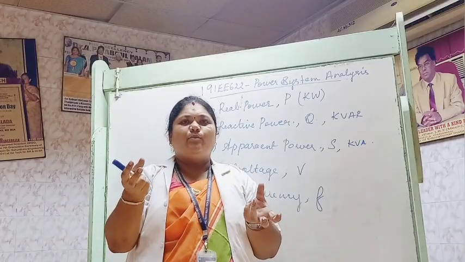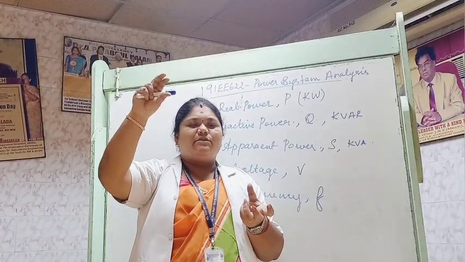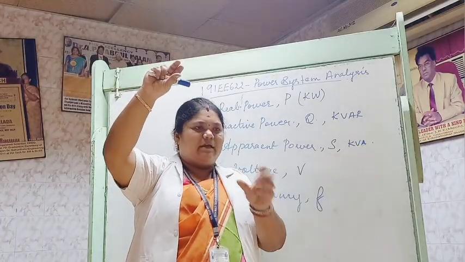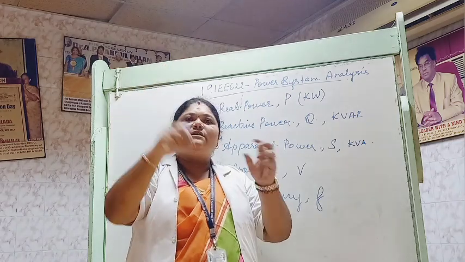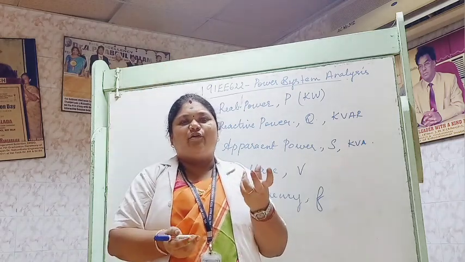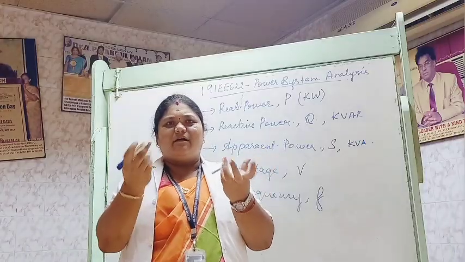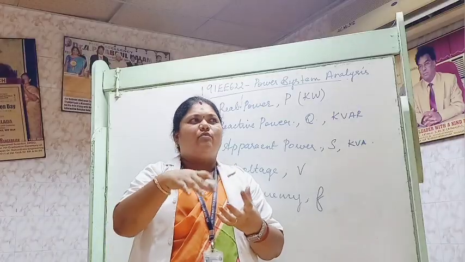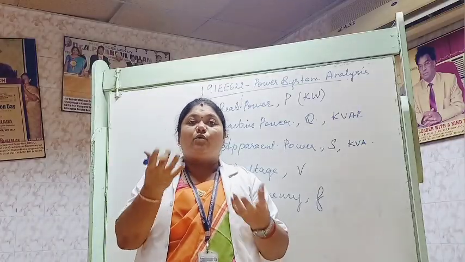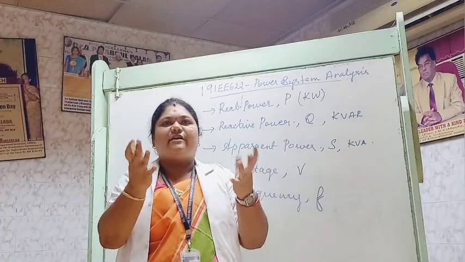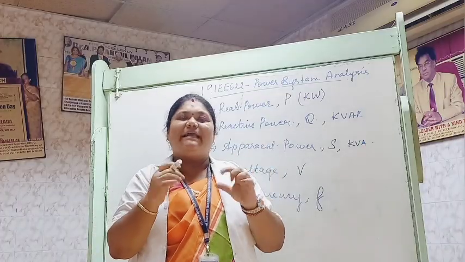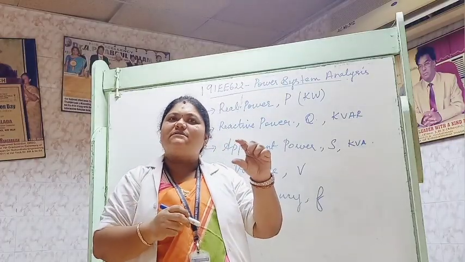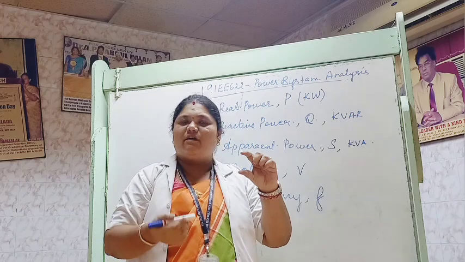You pour it from here to the bottom, and by doing this many times, you get froth. Just as when you wash your clothes, you get froth. That froth is the reactive power, the to and fro motion of your real power. The froth is something you are not going to consume.